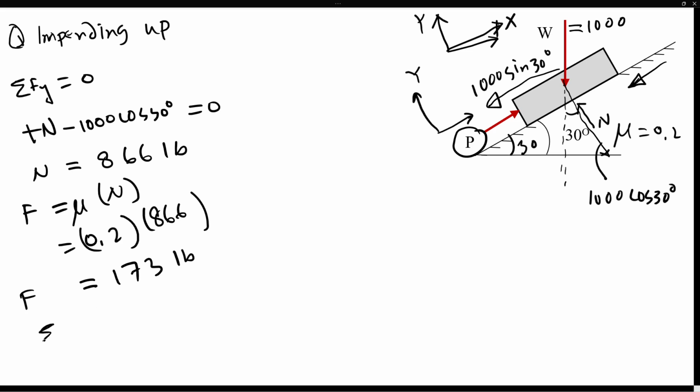Now if you do summation of Fx equals 0, that will give us P. P is going upward, so that's plus P, and then minus 1,000 sine theta, the component of the weight along the surface downward, and we also have the friction downward.